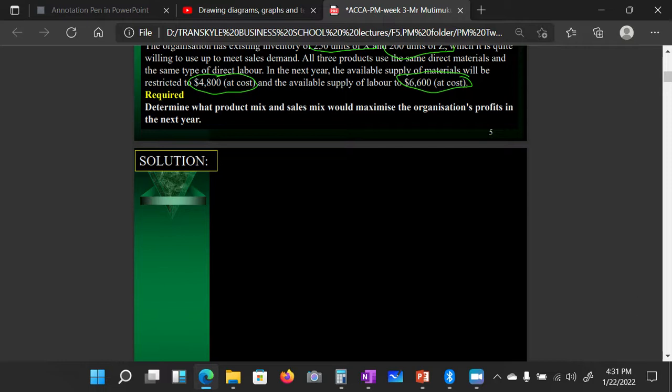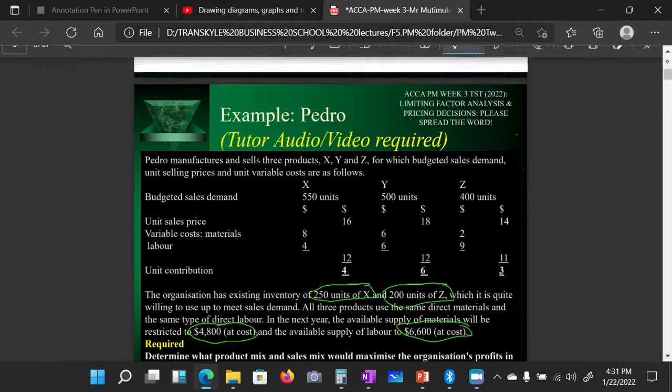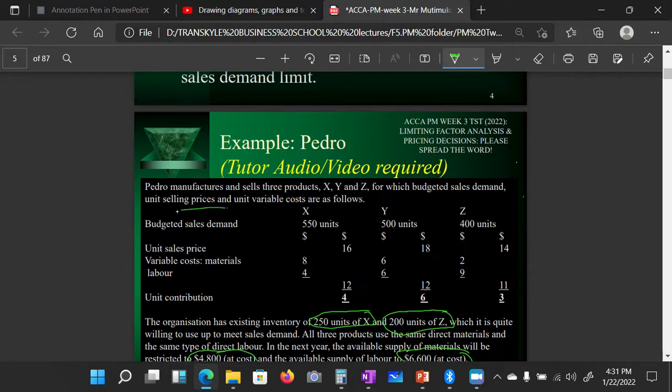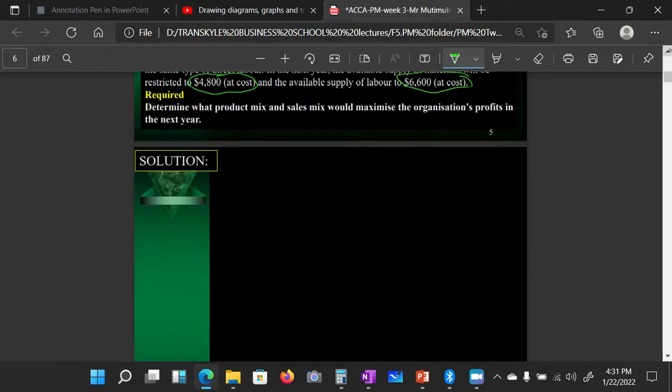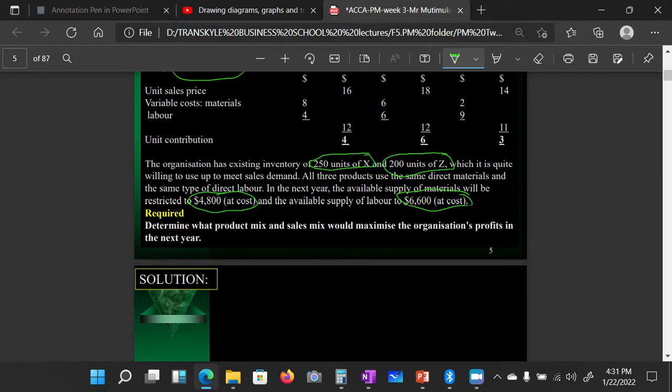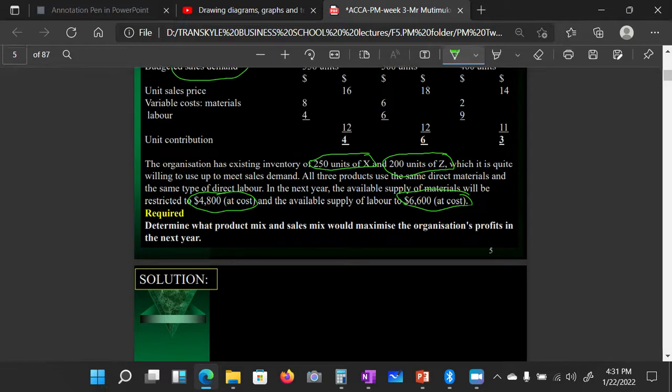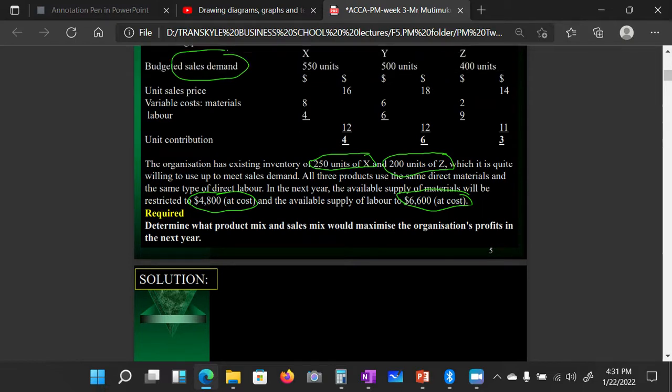Why? Because we also have the information about sales demand. So we can't actually say labor and materials are the limiting factors. It's either there's no limiting factor at all except the sales demand, or there's only one scarce resource that prevents the full potential sales demand being achieved.